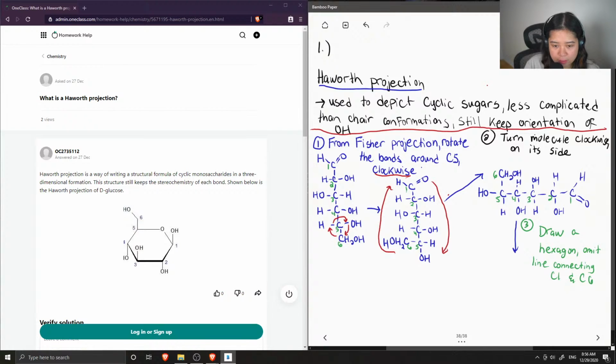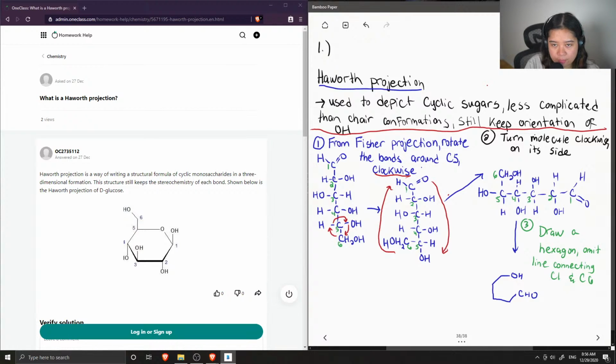So if we draw out the hexagon, it kind of looks like this.